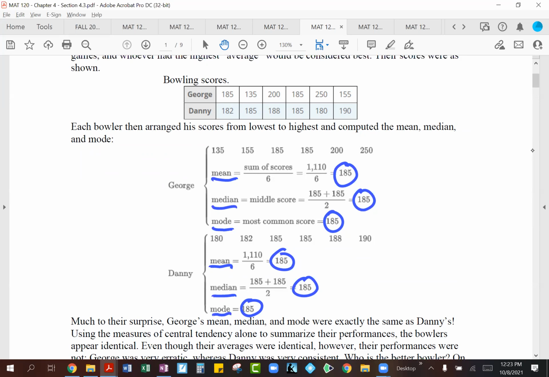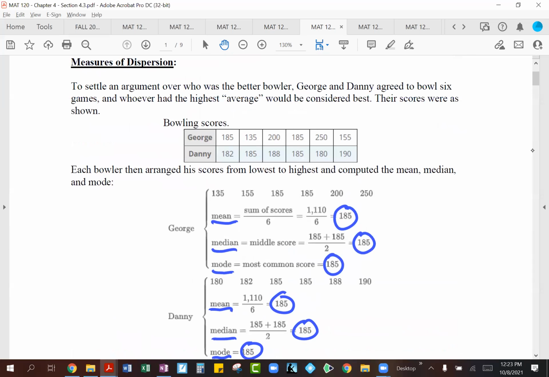So again, they can settle their argument because they said whoever has the highest average would be considered the best. Well, they both got the same average. But if you look at their scores from those 6 games, George had 185, but Danny had 182. There's a big difference over here, 135, 185. This is 200, 188, 250 and 180. That's a significant difference there. And then 155 and 190.